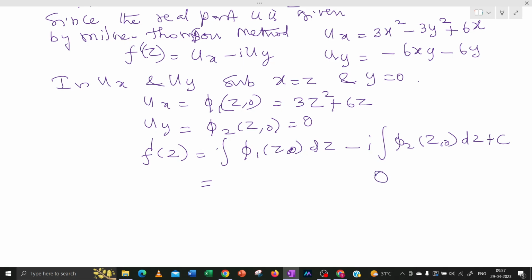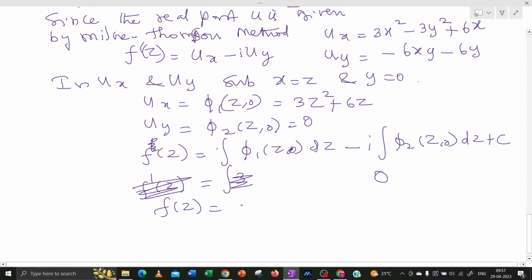But the second one is 0, leave it. The first one is 3z square. Now for f of z, only integration. So f of z equal to integral of 3z square plus 6z dz.